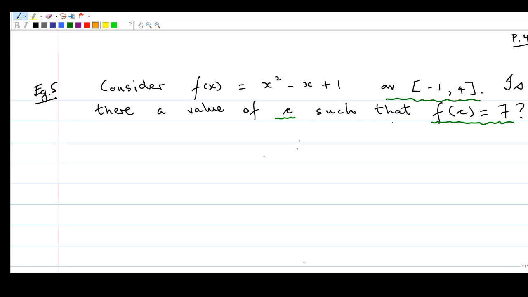So the solution, you'll say f of x is a polynomial function.